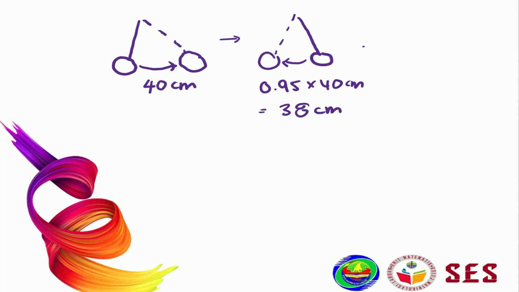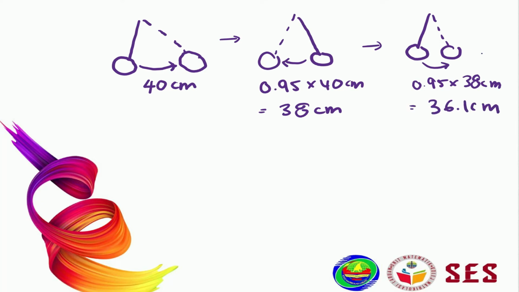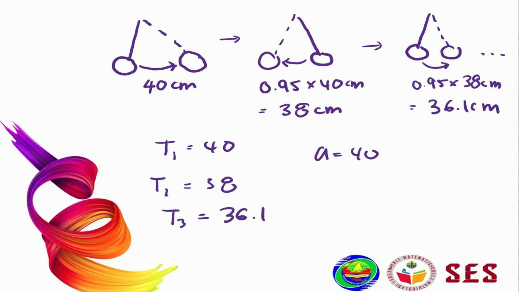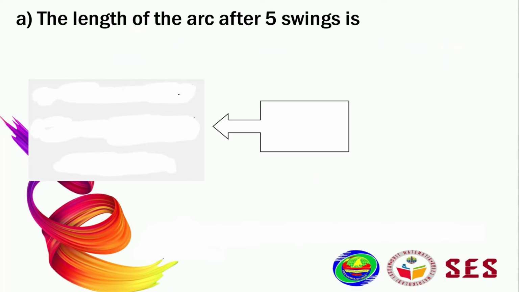So we got 38 cm and the next swing we have 0.95 multiplied with the previous swing, which is 36.1, and so on. So we know that our first term is 40, the second term is 38, the third term is 36.1, and our a is 40 and r is equal to 0.95.